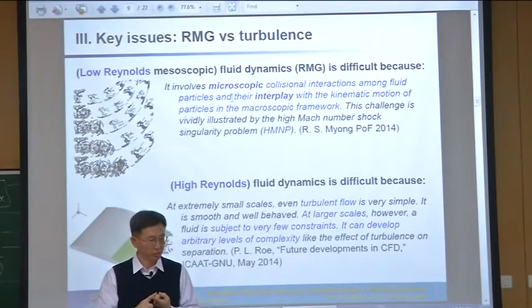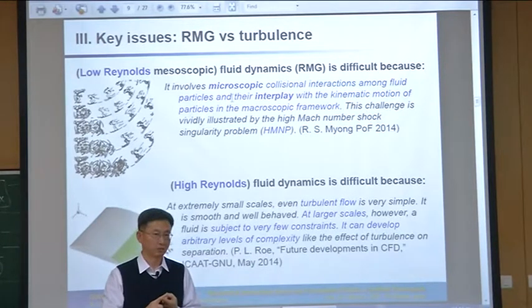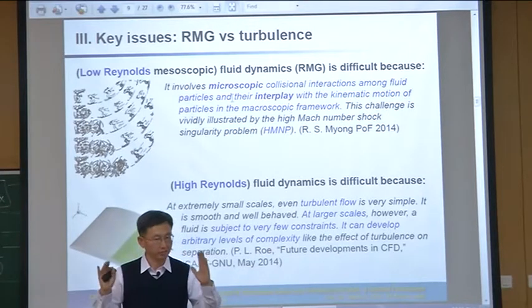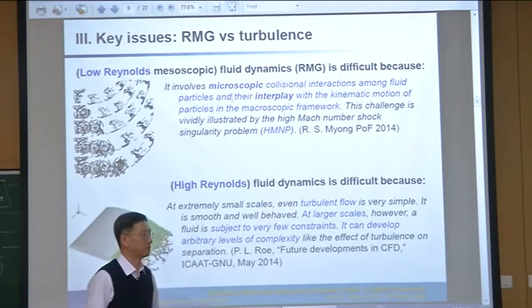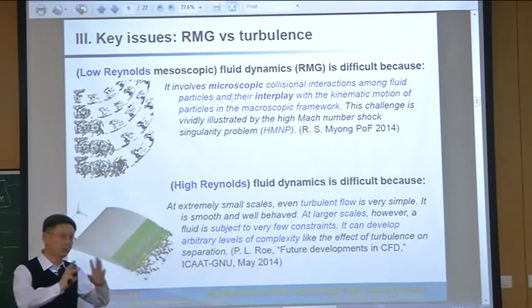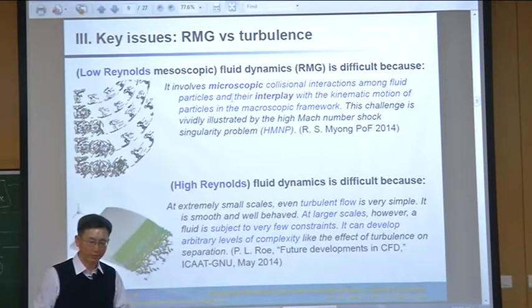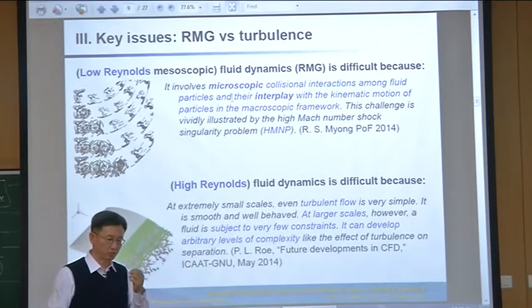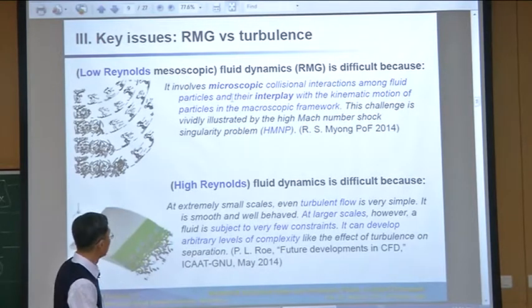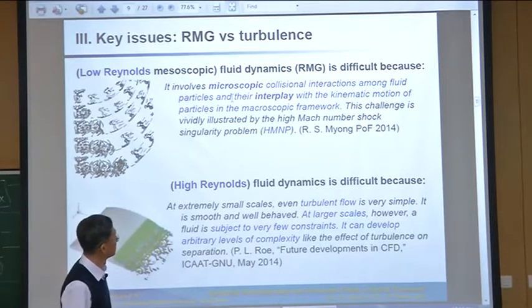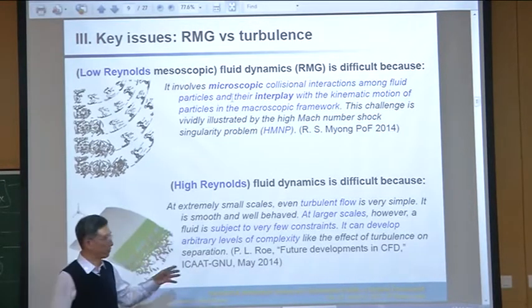So you should not mix turbulence with RMG. They have different spectrums. But in some cases maybe they can overlap, but in general, one is a high Reynolds number effect, another one is low Reynolds number. So here's high Reynolds number, and this is low. So there are different reasons.